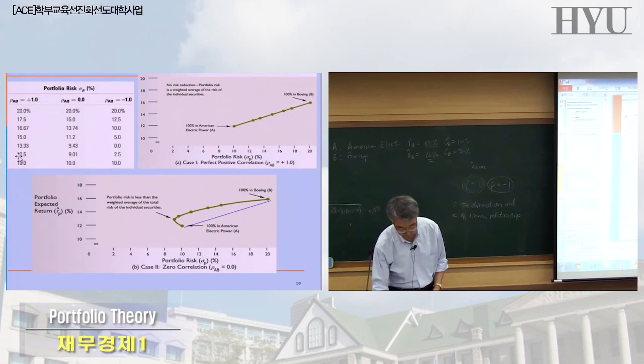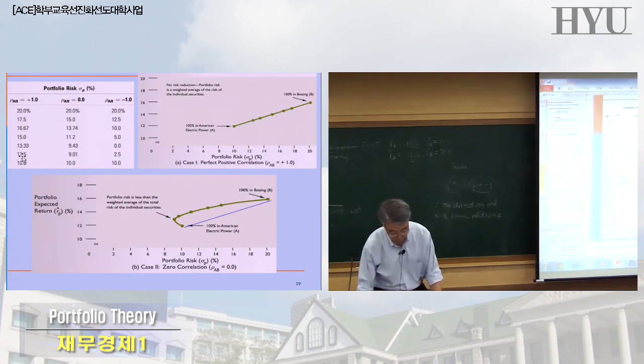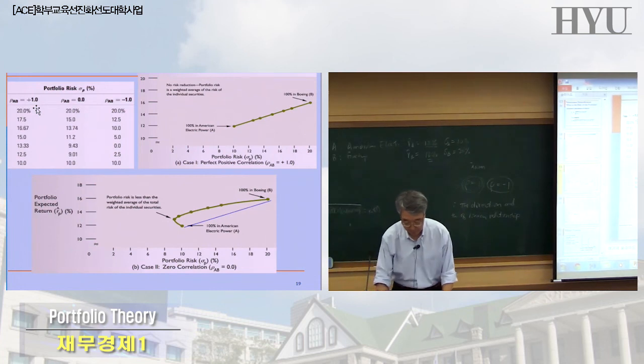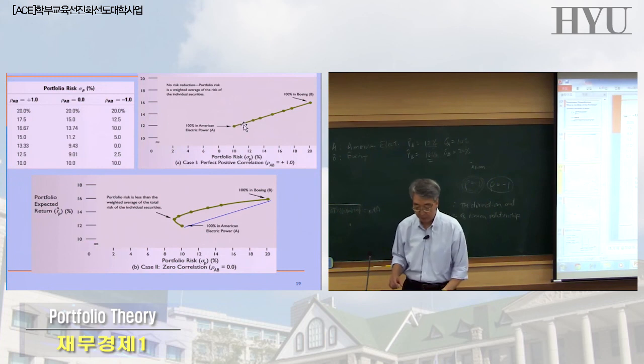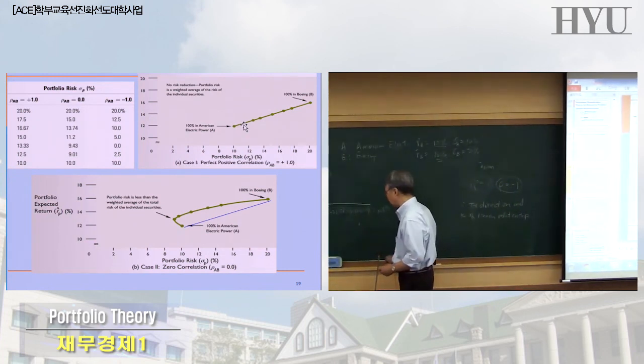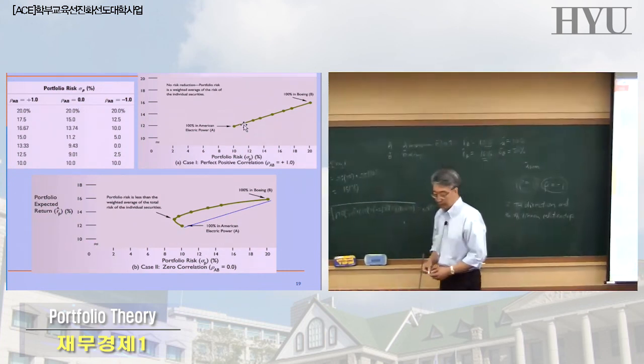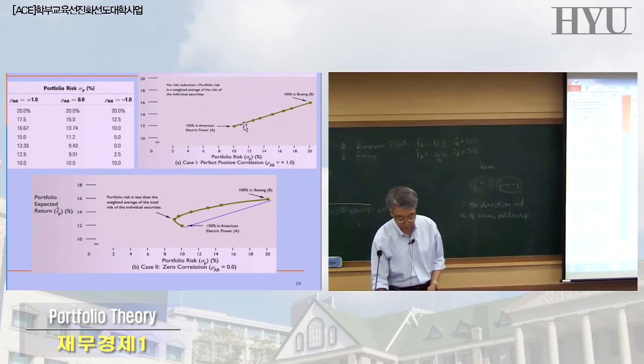This number 12.5, right? So that's based on 75% on A and a correlation coefficient of 1. Okay? All right. So that's this case. Again, because the correlation coefficient was exactly 1, different weights will result in different risk levels, but that will be exactly on a straight line.